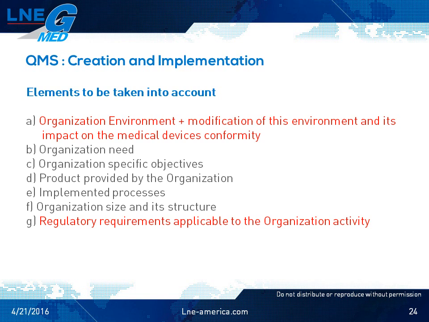This means a combination of internal and external issues, positive or negative factors, that could impact the organization's strategy with regard to determining and implementing its objectives. We often find this concept defined as market environment or organization ecosystem.